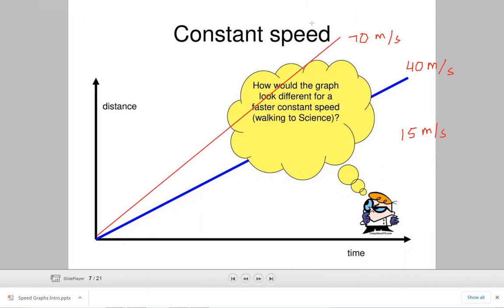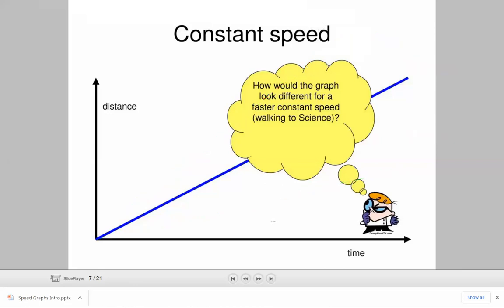And for a 15 meters per second speed, since this is less as compared to 40 and 70, again, we're going to have a straight line, but it would be less steep as compared to the other two. So the steeper the slope, the faster is the speed, but that does not mean that the speed is varying or changing. It just means that it is traveling at a faster constant speed.